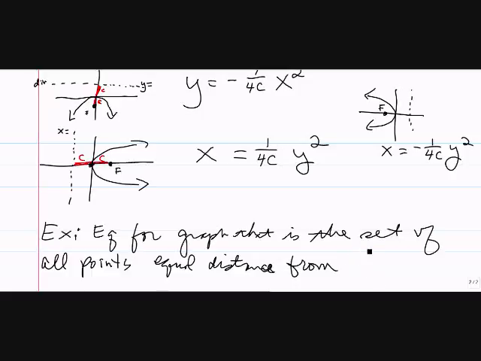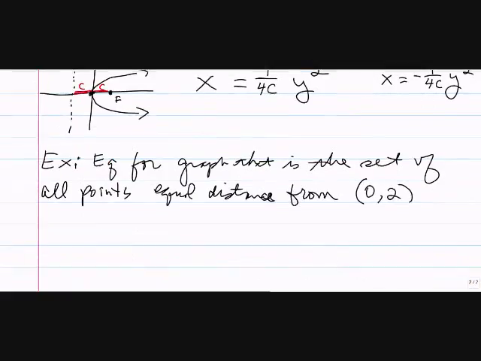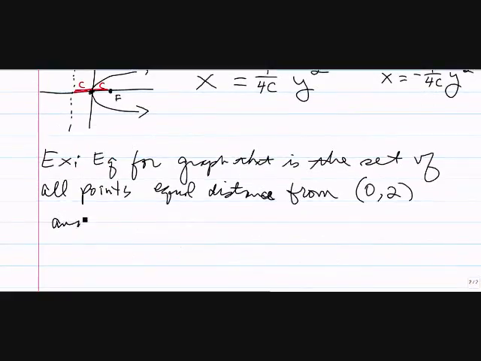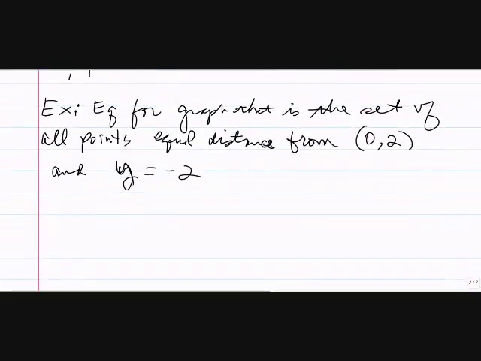So my point is going to be 0, 2, and the line y equals negative 2. A set of all points equal distance from a point and a line is the definition of a parabola.